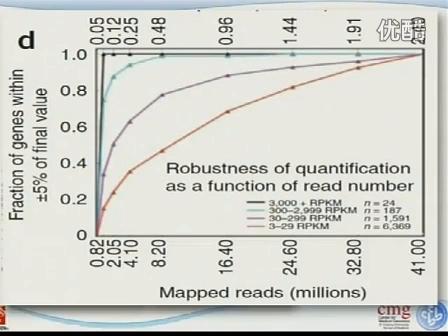Okay? And next is 30 to 300 RPKM. Even though you got 41 million mappable reads, you probably got pretty close to the final value now. And if you are looking at about 15 million mappable reads, you have about 80% of the genes whose expression level you can detect pretty accurately.